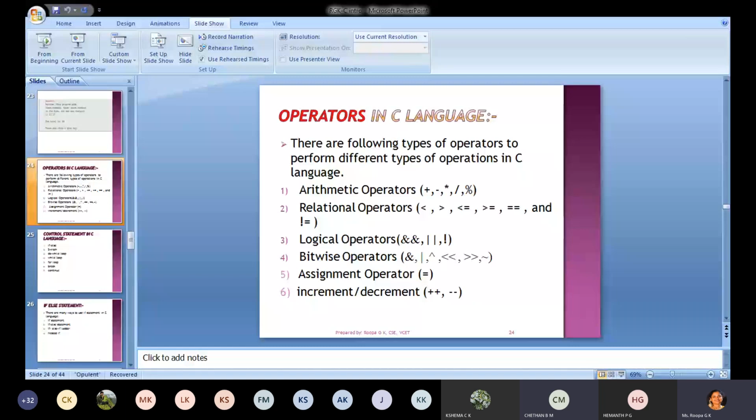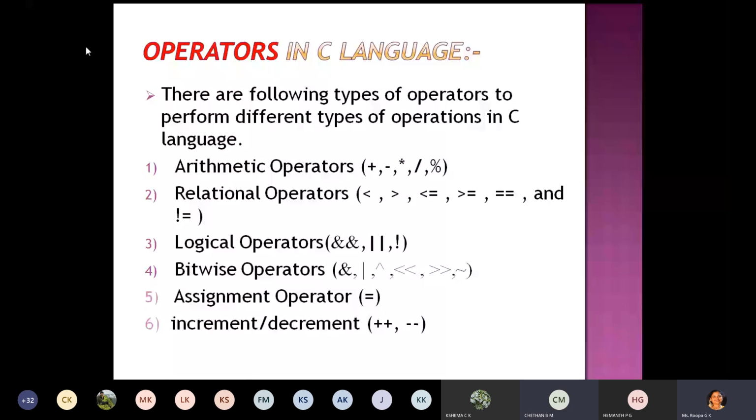Operators. Does anyone tell me what we have discussed in the last class? Just headings. We have discussed basic concepts of C language, isn't it? Which topics we have covered in the last class?